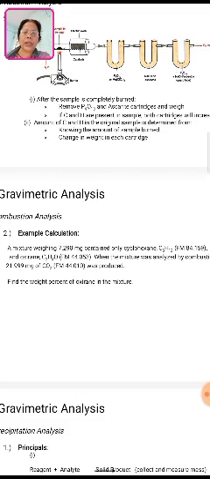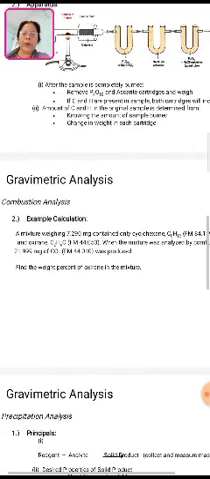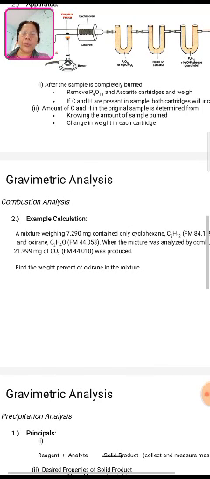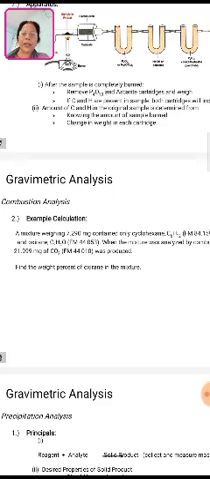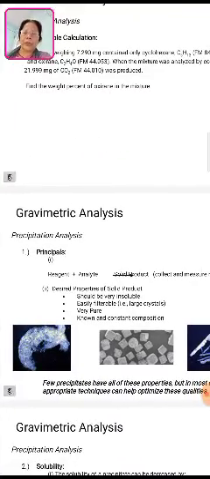When the mixture was analyzed by combustion analysis, 21.999 milligram of carbon dioxide, which has formula weight 44.010, was produced. Find the weight percentage of oxirane in the mixture. So it's very simple. Calculate and send it to me.